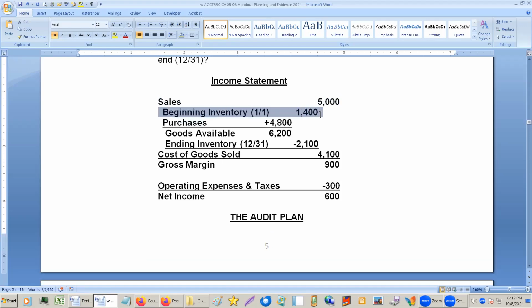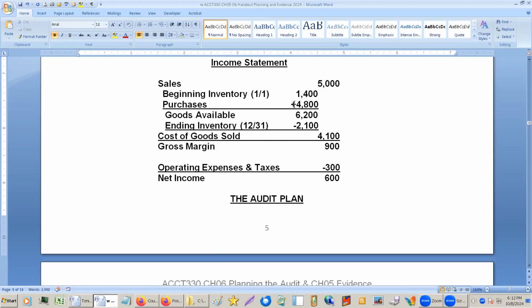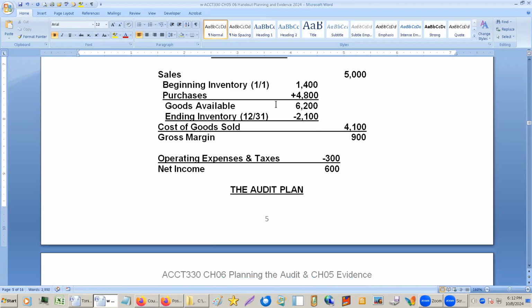We have our beginning inventory and our purchases. So we have goods available of 6,200. That's the most goods we could have sold. We started out with 1,400, we added 4,800, so there's 6,200 total that we could sell.